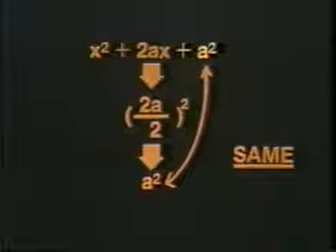Everything except x in 2ax is 2a. 2a divided by 2 is a. Squaring a gives us a squared, and a squared is our third term. A perfect square will always take this form. That's just the way they are.